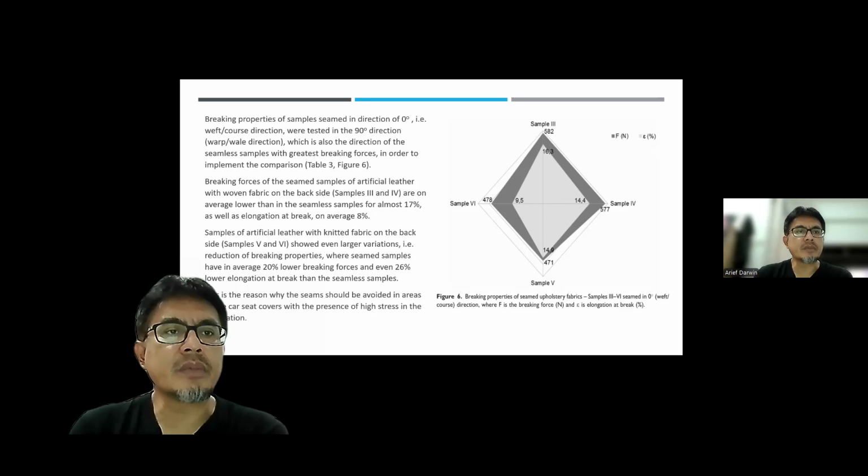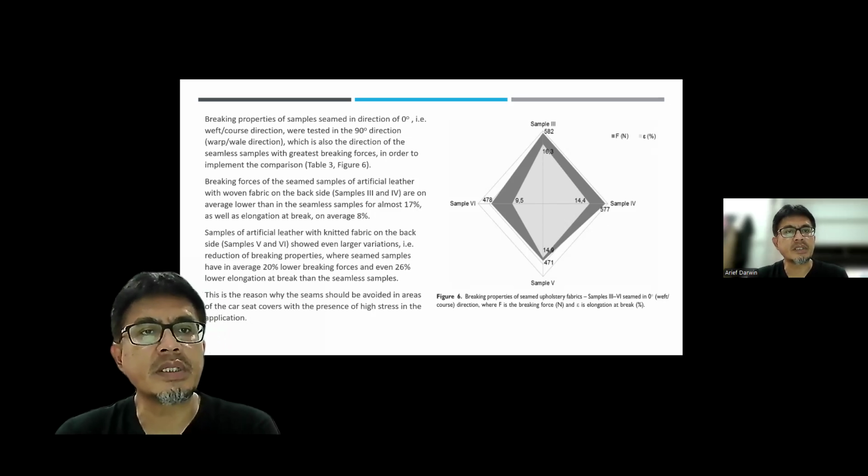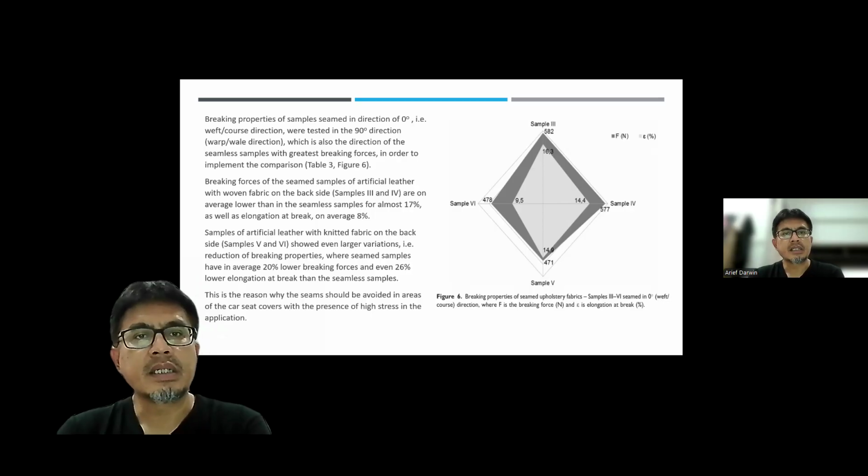Now we're going to talk about the breaking properties of the samples with the seam.